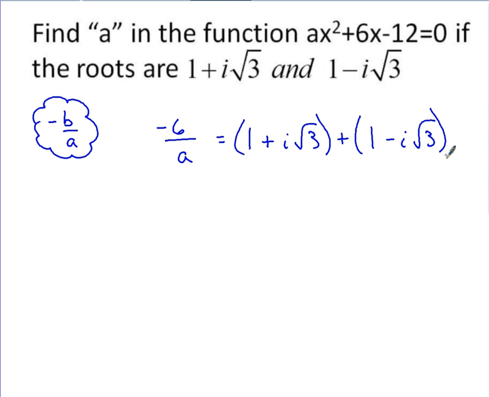As you add through here, you're just going to have negative 6 over a equal to 1 and 1, 2, and what happens to the i root 3's? They cancel out, because you've got the same variables, same roots, but opposite coefficients. Negative 6 over a equals 2. Multiply both sides by a, divide by 2, and a is going to be simply negative 3.